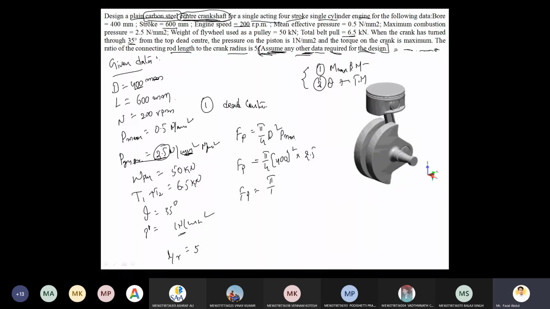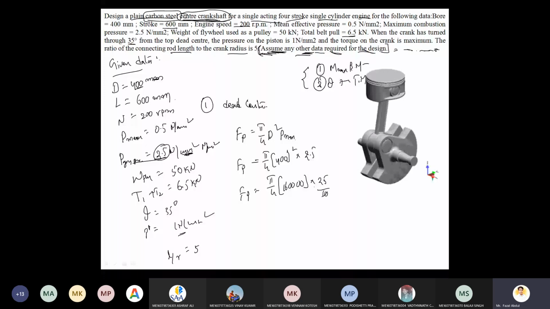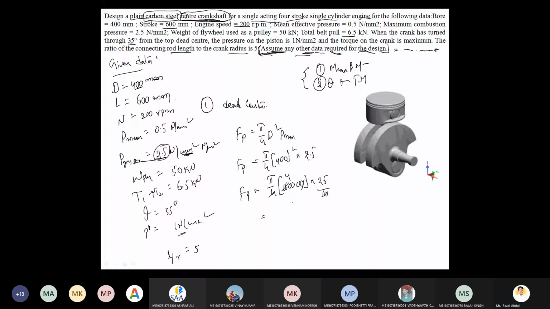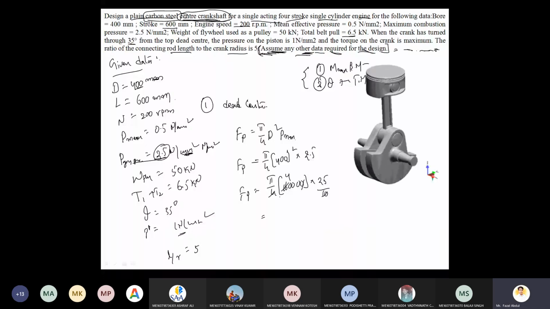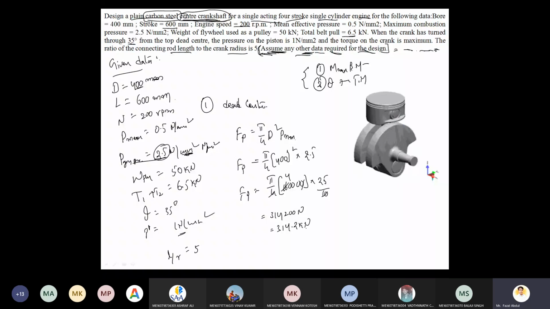Pi by 4 into 400 square into 2.5, how much? 314,200 newtons, so 314.2 kilonewtons. This is the gas force acting on the crankshaft.